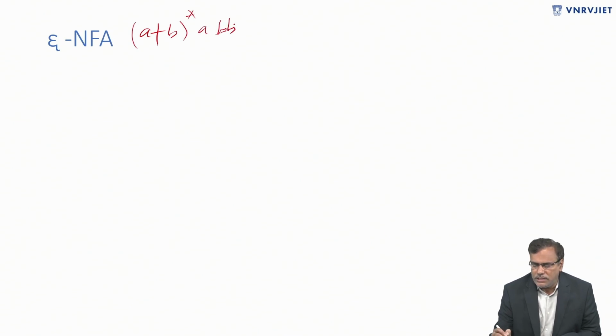In one of the previous videos, I explained how to design an FA for a given regular expression. If you have not seen that video, it is better to watch it before coming to this topic. Anyhow, I am going to explain here also. This is how you construct the epsilon NFA for a regular expression.